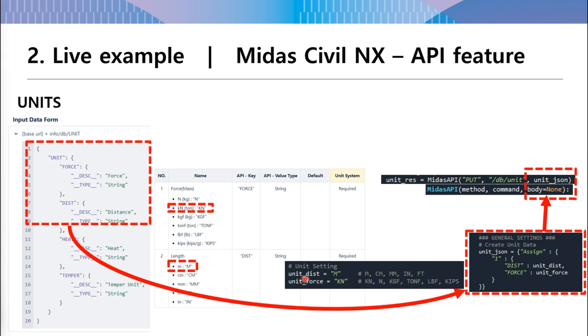So unit underscore dist will be capital M. So we define our unit underscore JSON that we will use as the body in our MIDAS API command. Unit JSON, we use this same pattern, and here under dist we call our defined variable unit underscore dist, and here for force we use our already defined variable unit underscore force.